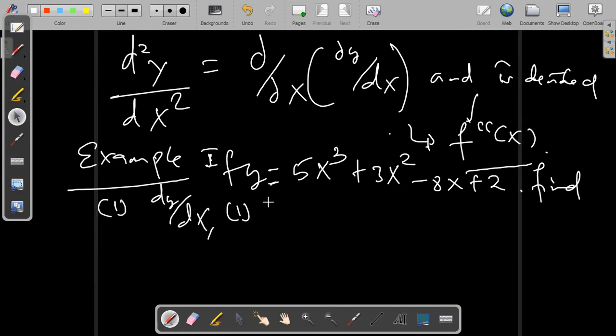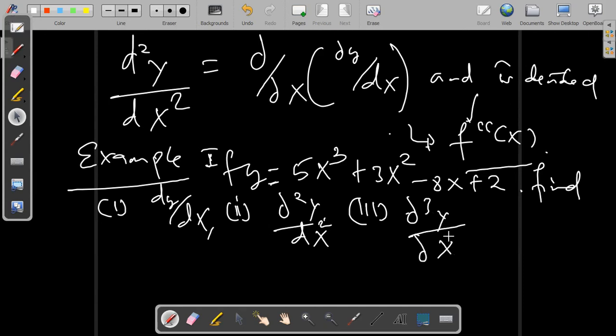Second, the second order derivative, that is d squared y over dx squared. And third, the third order derivative, that is d cubed y over dx cubed.